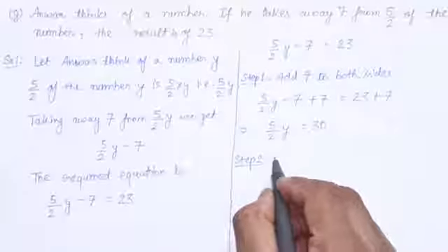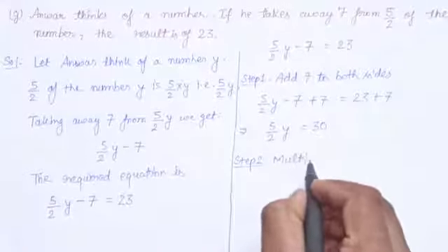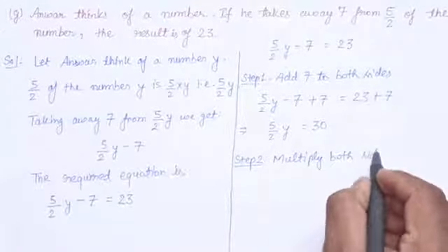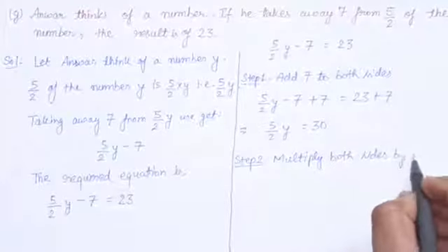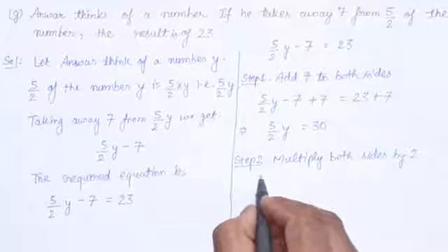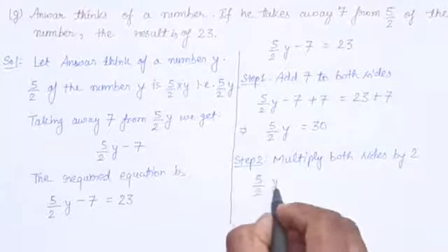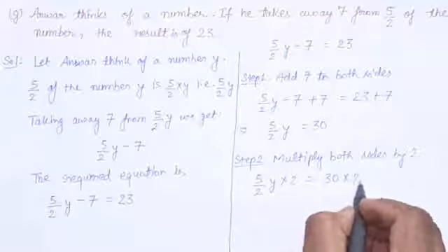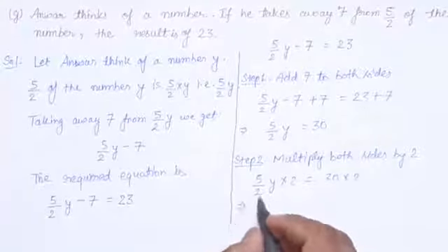In step 2, multiply both sides by 2. So what we get? 5 by 2 y into 2 equals to 30 into 2, which implies that here 2 and 2 are cancelled out.